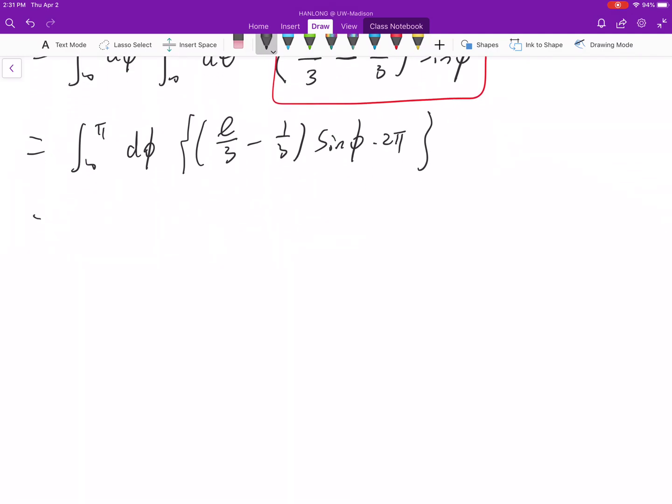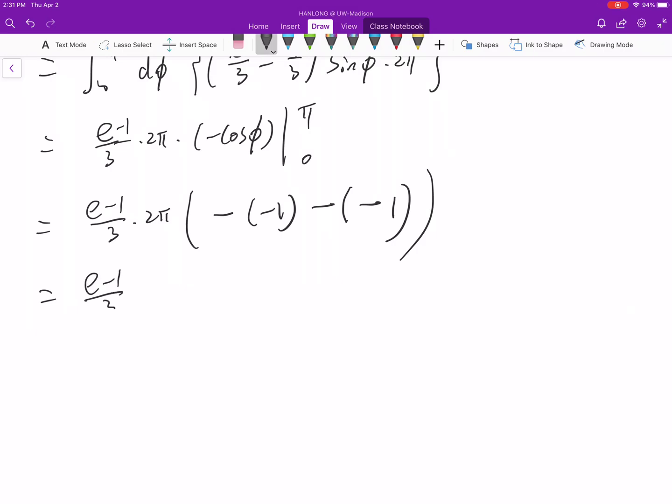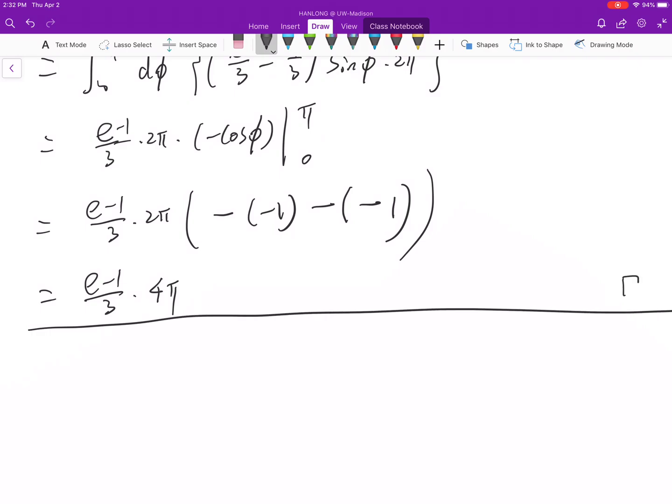Now you can further simplify it and calculate as follows. When you plug in pi, you have negative 1 minus negative 1, so totally you have 2 here. So (e minus 1) over 3 times 4 pi. This is our answer.